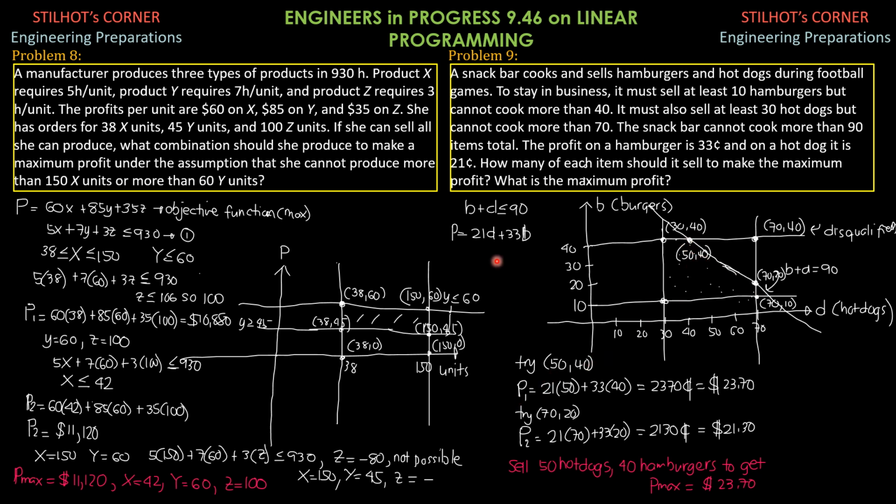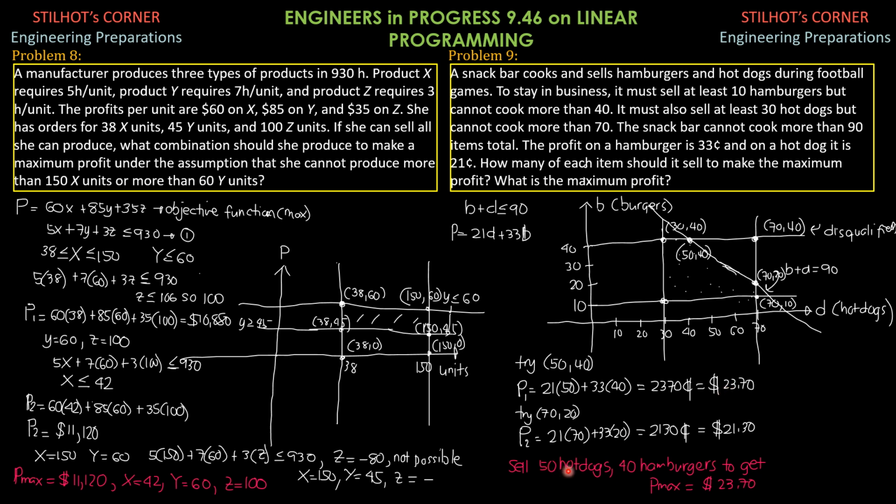So the profit is 21 times 50 plus 33 times 40, and that is 2,370 cents or $23.70, divided by 100 because that's cents. Then at 70 comma 20, 21 times 70 plus 33 times 20, that's 2,130 cents or $21.30. Therefore, this is the greater value.